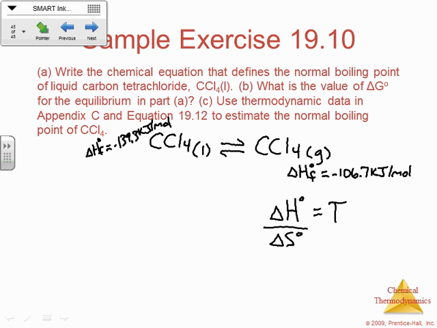We take the products minus the reactants, and then same thing with the delta S. You just find your S values. So the S of this one is 309.4, and the S for the CCl4 liquid is 214.4.